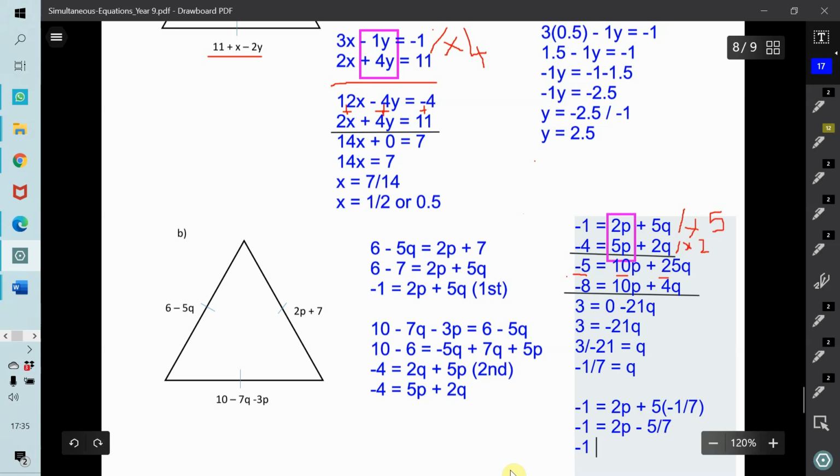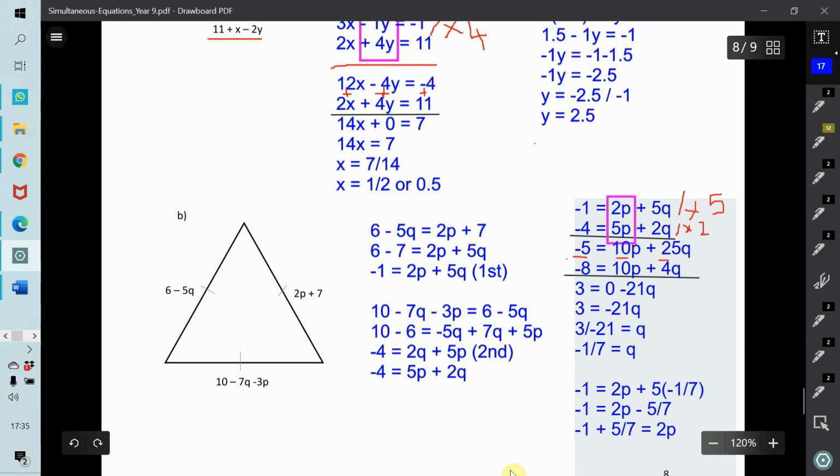So minus 1 plus 5 all over 7 equals 2p. Sorry, I'm doing it with the calculator. I keep on making a mistake.